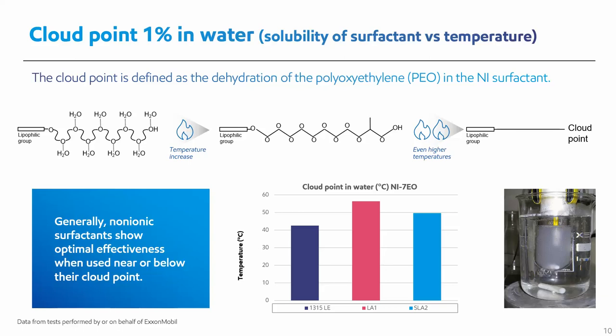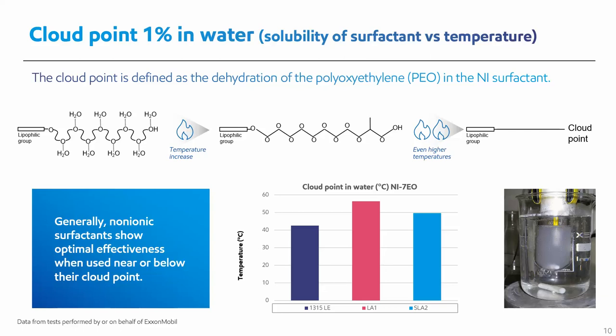Another important surfactant characteristic is the cloud point. The cloud point is defined as the dehydration of polyoxyethylene type non-ionic surfactants. An increase in temperature causes the cleavage of the hydrogen bond between the oxygen of the ethylene oxide group and the hydrogen from the surrounding water molecules.